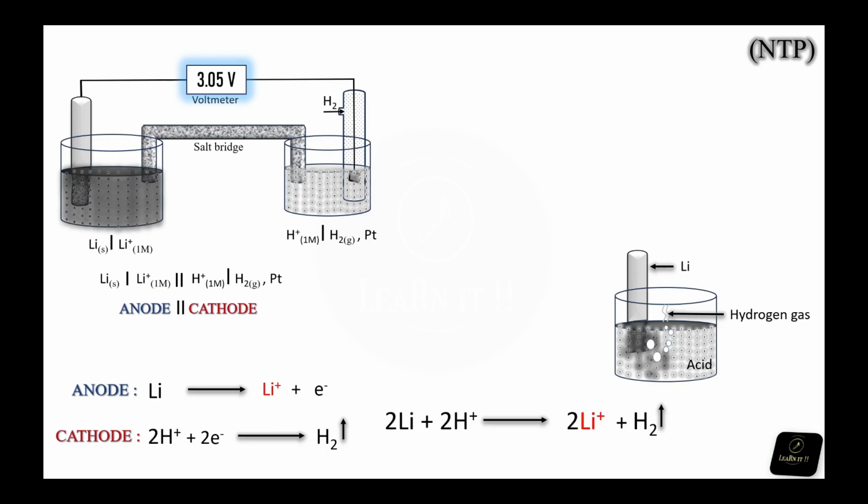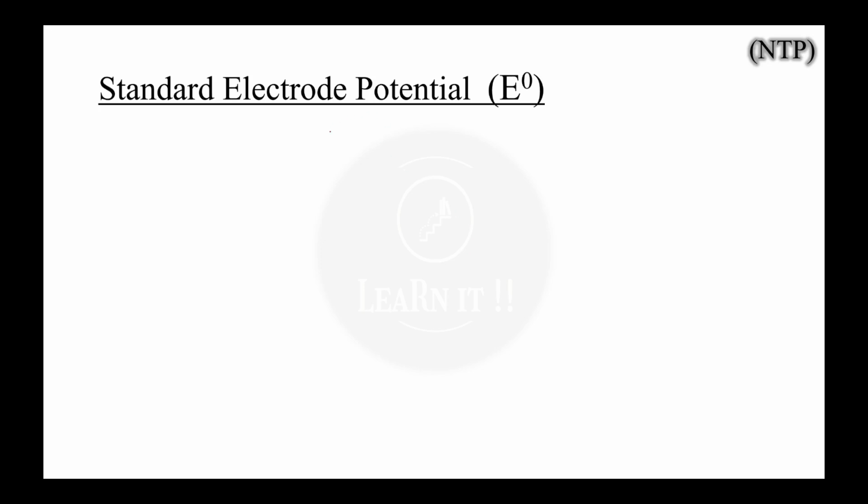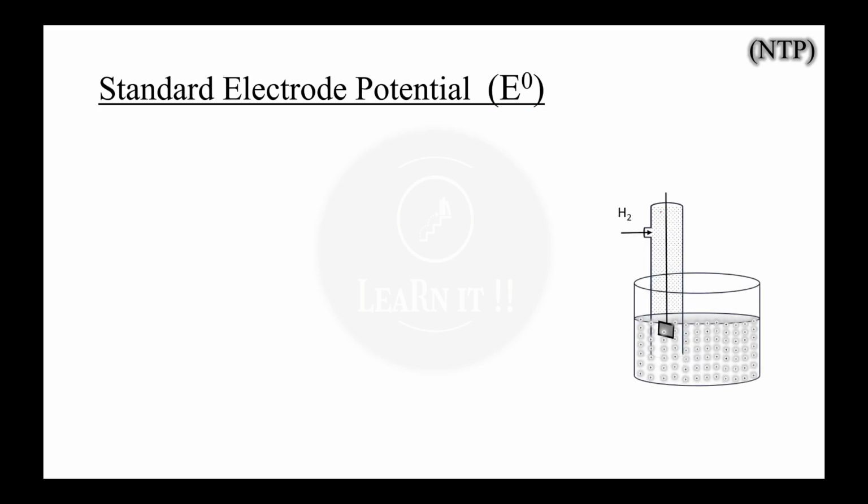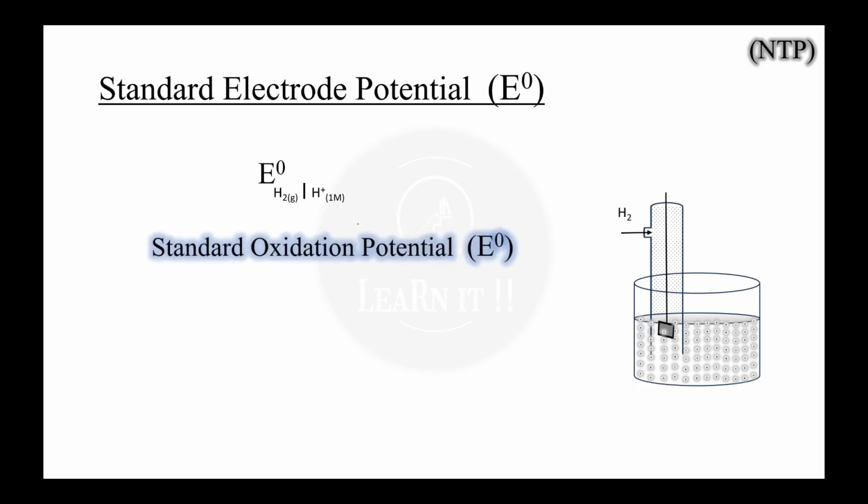So in conclusion, we can see a standard electrode potential, which is represented by the symbol E0, which is always calculated at NTP. So with respect to hydrogen, E0, that is hydrogen is converted into cation, it means oxidation potential, that is standard oxidation potential of hydrogen electrode is 0 volt.